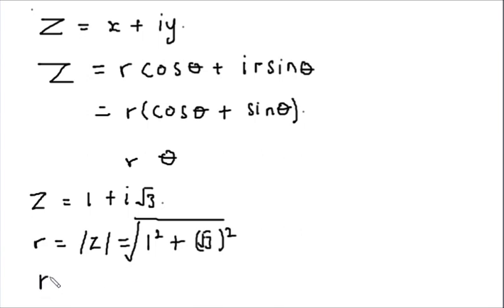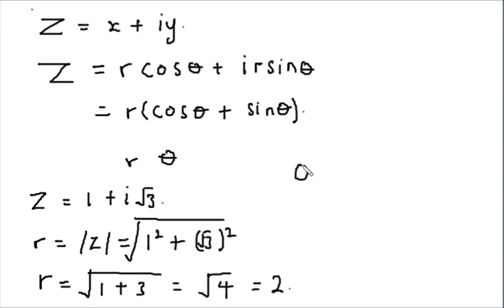So r is equal to the square root of 1 plus the square of root 3, which is 3. So this is equal to the square root of 1 plus 3, which is 4. So the square root of 4 is equal to 2. For our value of theta, theta can be given as the tan inverse of our imaginary part of z over our real part of z.